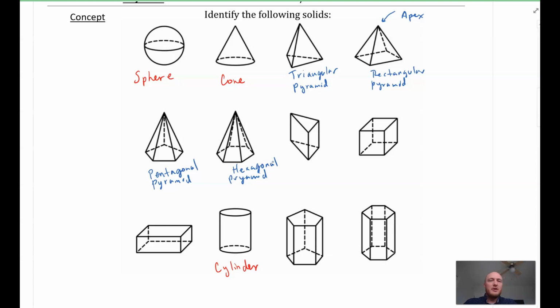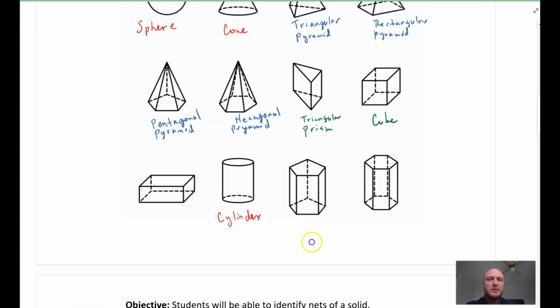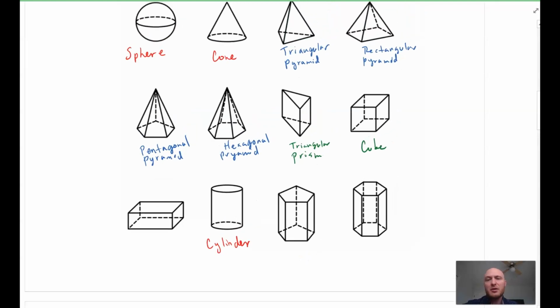And then I want to talk about the last remaining group. The last group, I want you to know as prisms. So these are prisms, and they're all a prism. And again, they are differentiated by their base. So here is a triangular prism. Here I have a square prism. This is also known as a cube. Maybe that one should have been included in our first set.